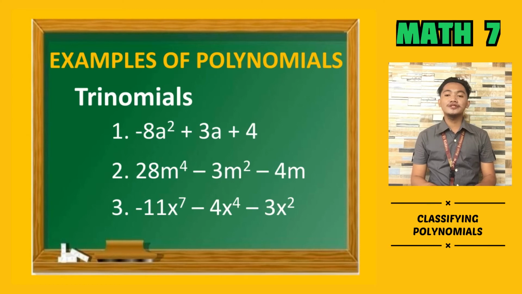The same goes for negative 11x raised to 7 minus 4x raised to 4 minus 3x squared, that there are 2 minus signs that separate the terms negative 11x raised to 7, 4x raised to 4, and 3x squared. These are the reasons that these examples are called trinomials.